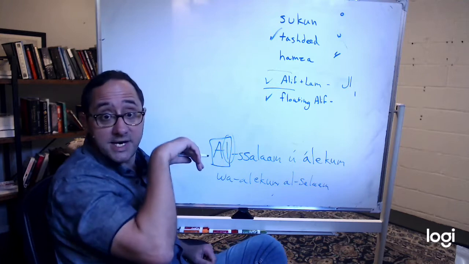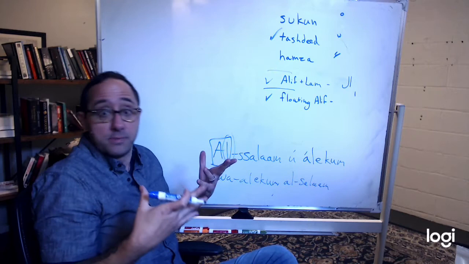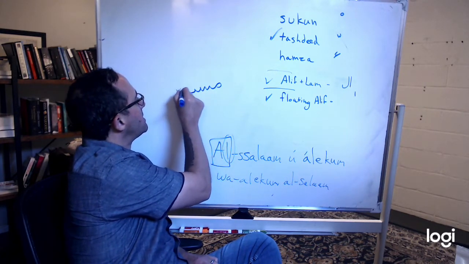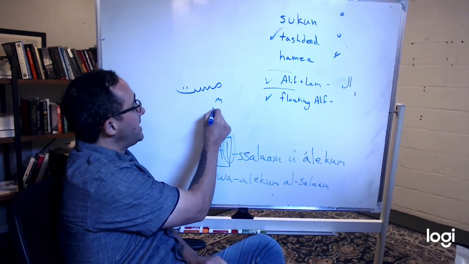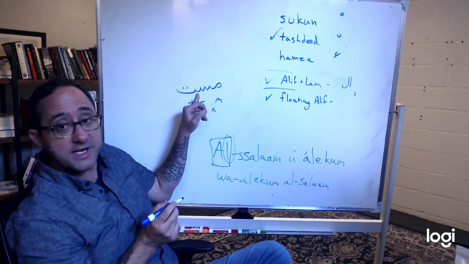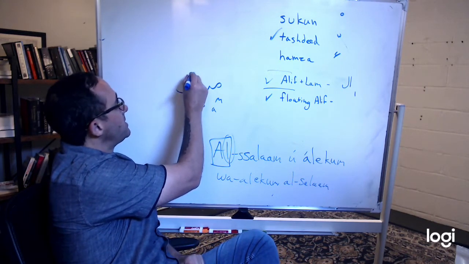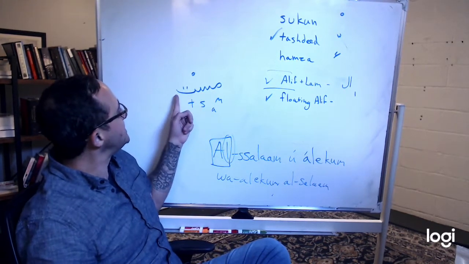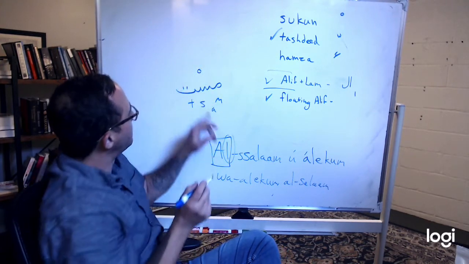So if I write the word must, which means like a relaxed or cool person, you see I have the M, the S, T. There's no vowel in between this S and T. So what I can do is put this sukoon right there. So it could be must, and the sukoon goes over the first consonant, over the S.